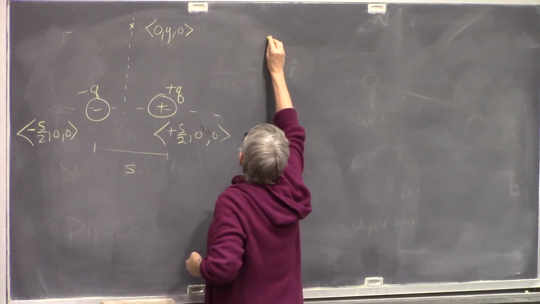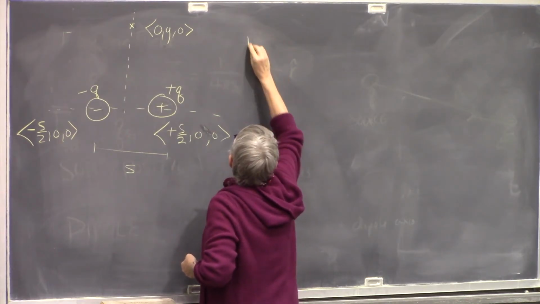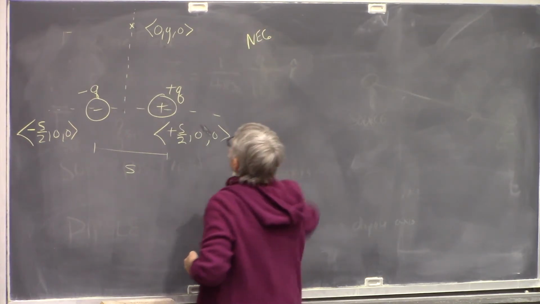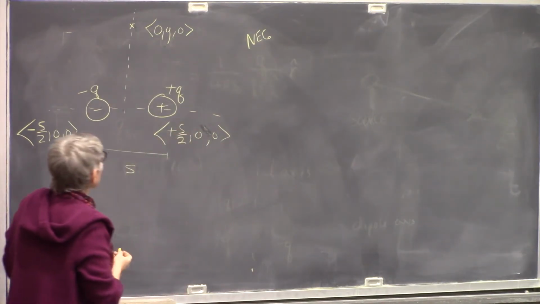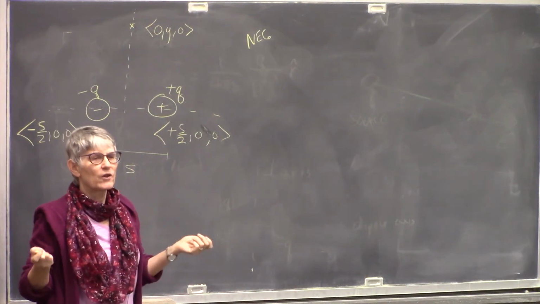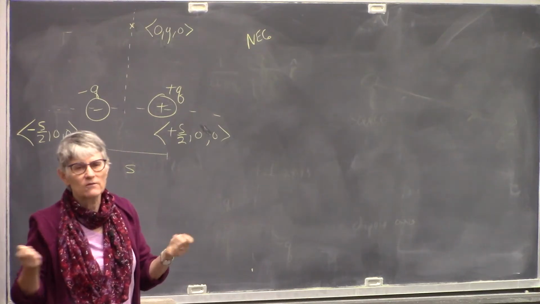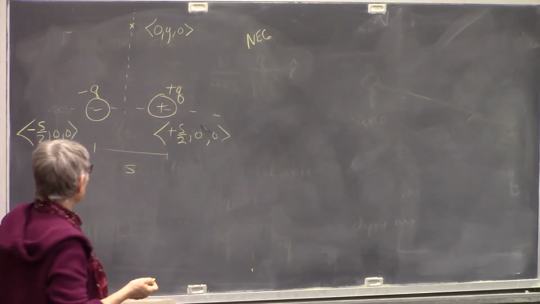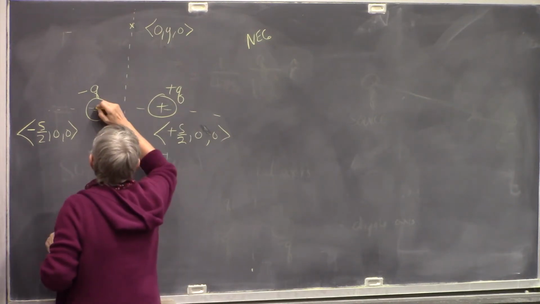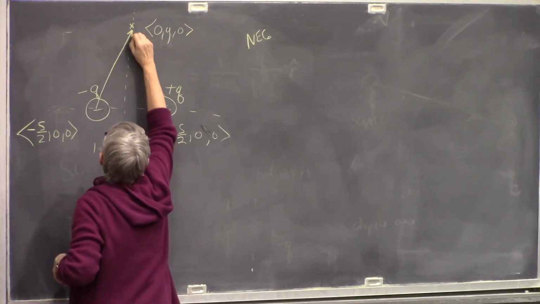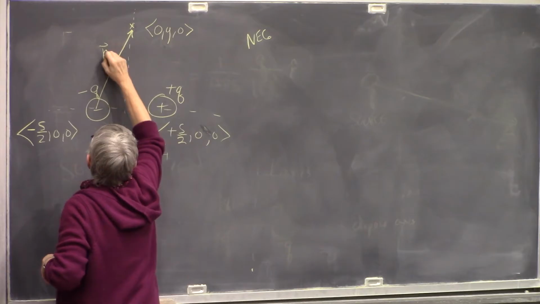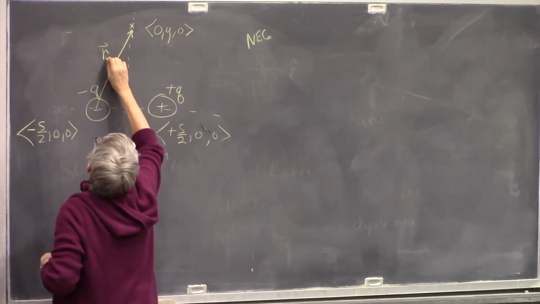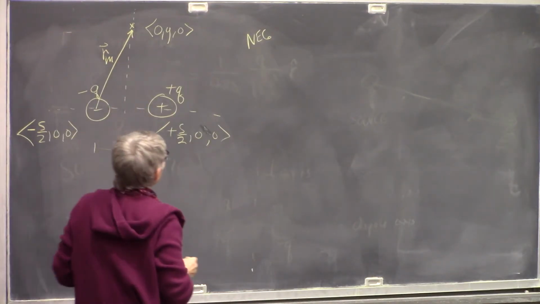So to start out, we want the field of the negative charge. And so our vector r, we'll call it r minus, because it's going from the negative charge to the observation location, okay? Starts at the negative charge. I'll call it r sub m for r minus.